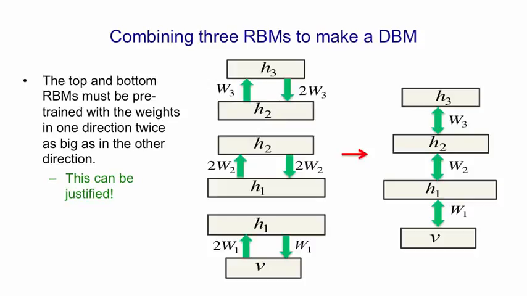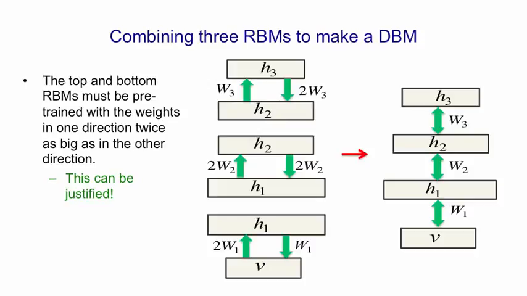So if we were to use the bottom-up input coming from the first restricted Boltzmann machine in the stack, and we used the top-down input coming from the second Boltzmann machine in the stack, we'd be counting the evidence twice, because we'd be inferring H1 from V, and we'd also be inferring it from H2, which itself depends on V. In order not to double count the evidence, we have to halve the weights.